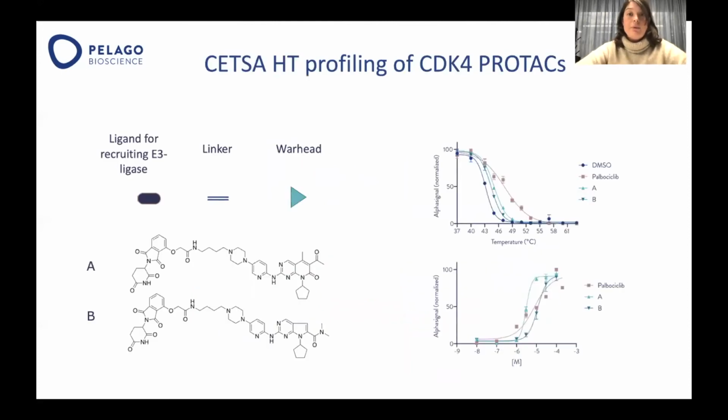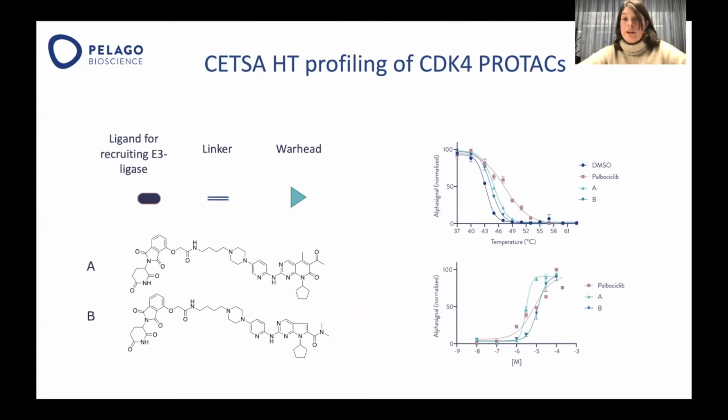In this study, we looked at some CDK4 PROTACs. They are based on a ligand binding to cereblon, a linker, and then a warhead. These two PROTACs are one based on palbociclib and the second one on ribociclib. Looking at the melt and shift curves, we could confirm that both of these PROTACs were able to engage CDK4.